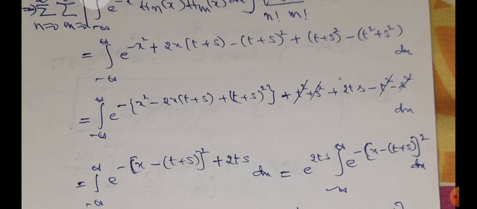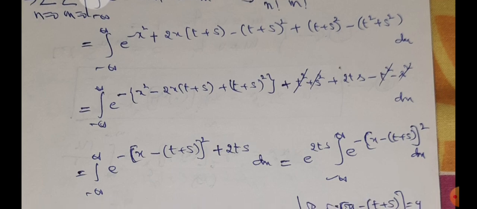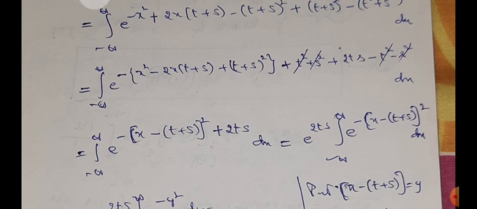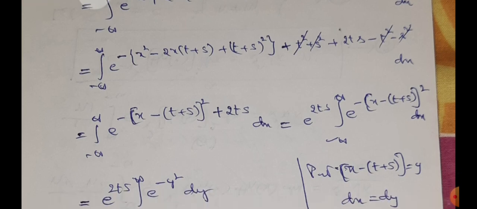Now e power 2ts is independent of x, so e power 2ts comes out. The integral from minus infinity to plus infinity of e power minus of x minus of t plus s whole square dx. Now put x minus of t plus s equal to y.